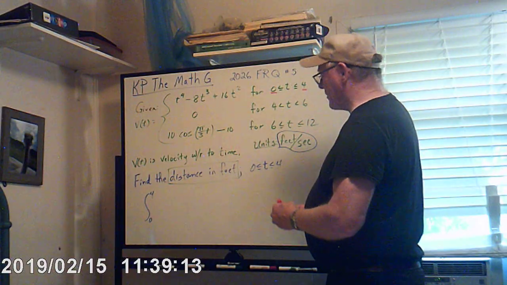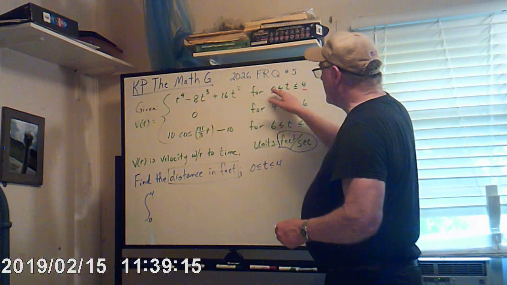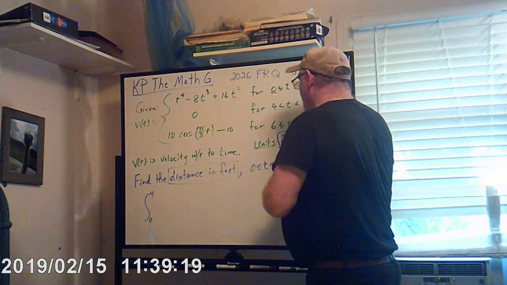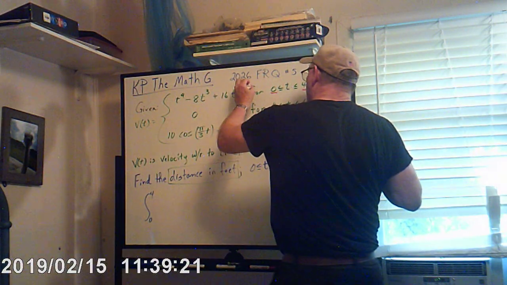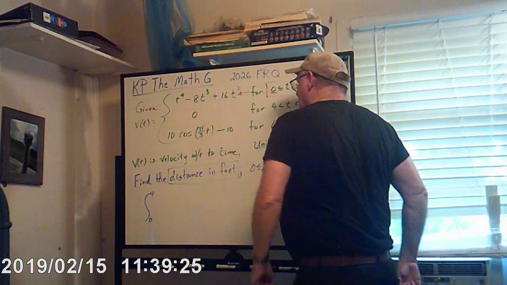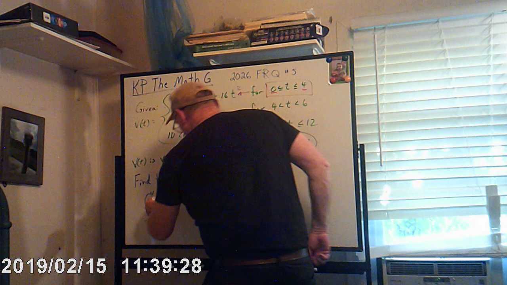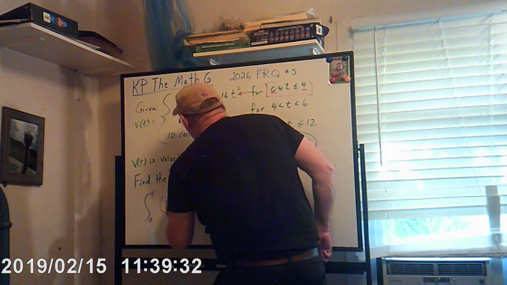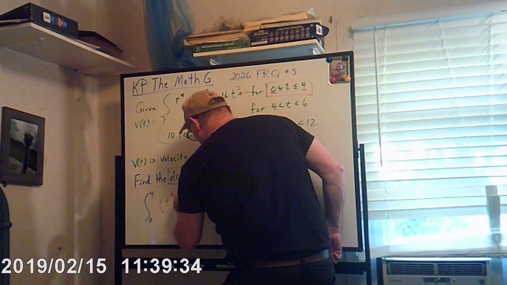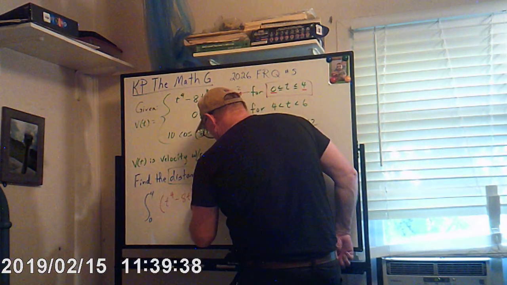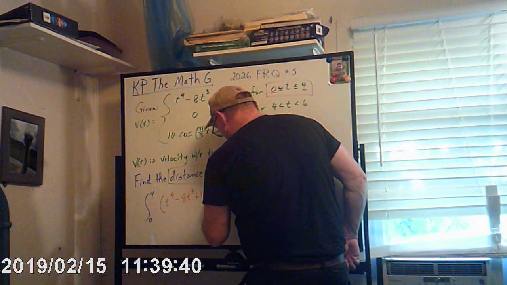I'm going to use red this time. 0 to 4. And since I'm looking at this from 0 to 4, I'm looking at this function here: t to the 4th minus 8t to the 3rd plus 16t squared dt.